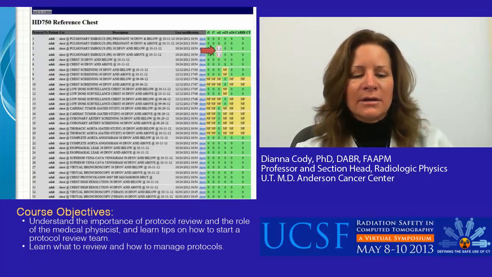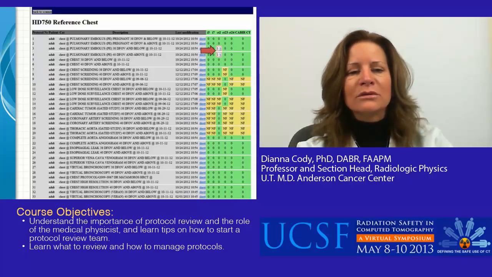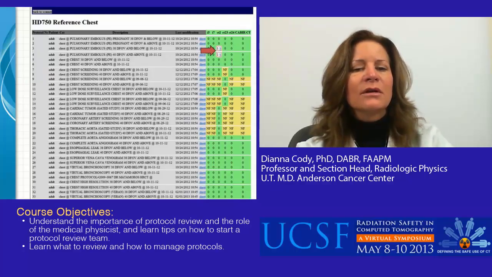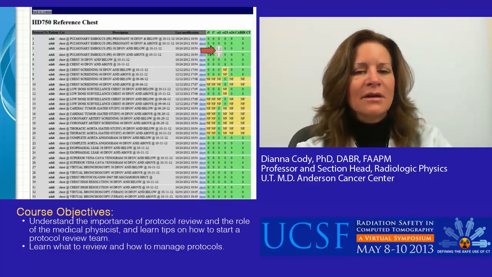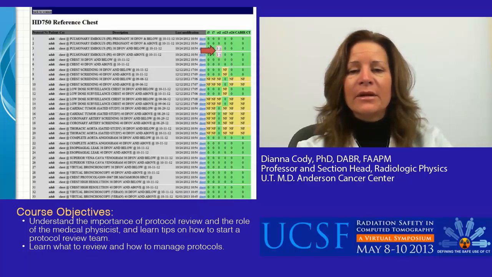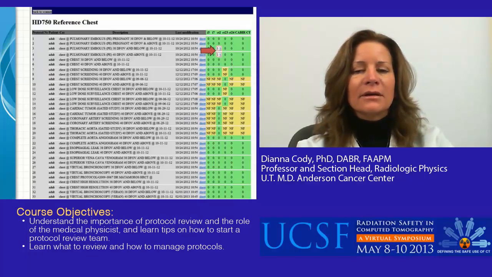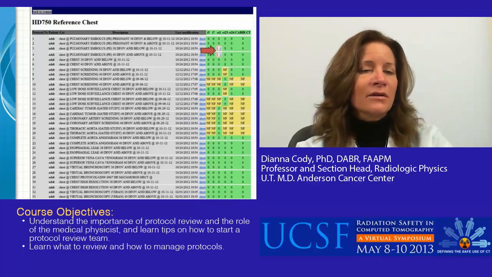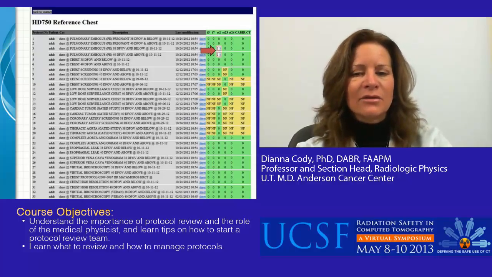This is a view of what this tool looks like. As you can see, each protocol name, and here we have different names based on patient size that we set up by their display field of view parameter. Each of these numbers in the green along the top represents a different scanner name, and the zeros underneath tell us that there are no mismatches between the reference protocol shown in the sheet link and the set of parameters that are actually living on the scanner.